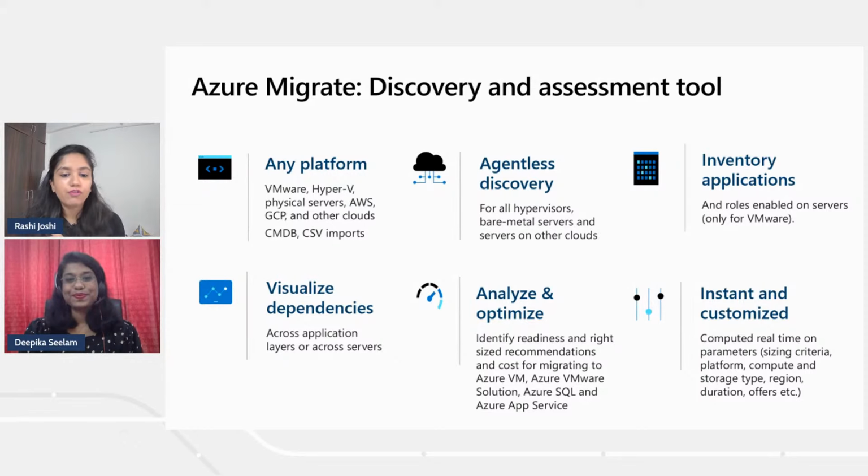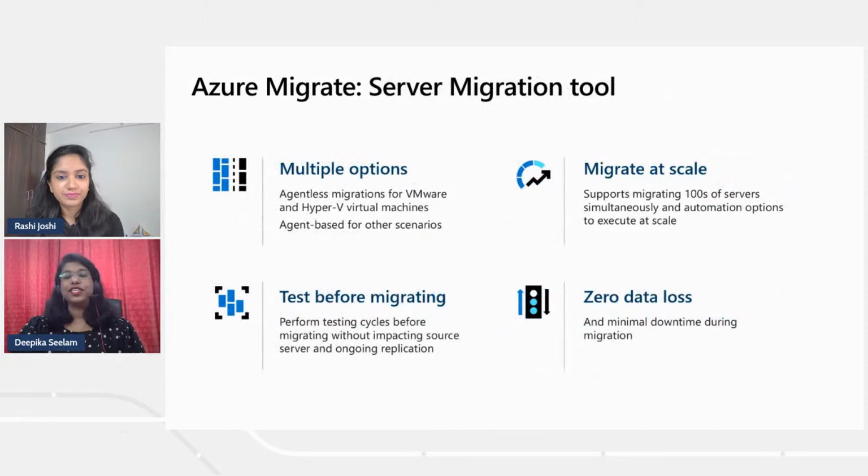But Deepika, before we move on, should we talk about the migration tooling option that Azure Migrate has? Absolutely, Rashi. Let's talk about the server migration tool. The server migration tool is a powerful tool that can be leveraged to migrate source machines that are running on any platform to Azure.